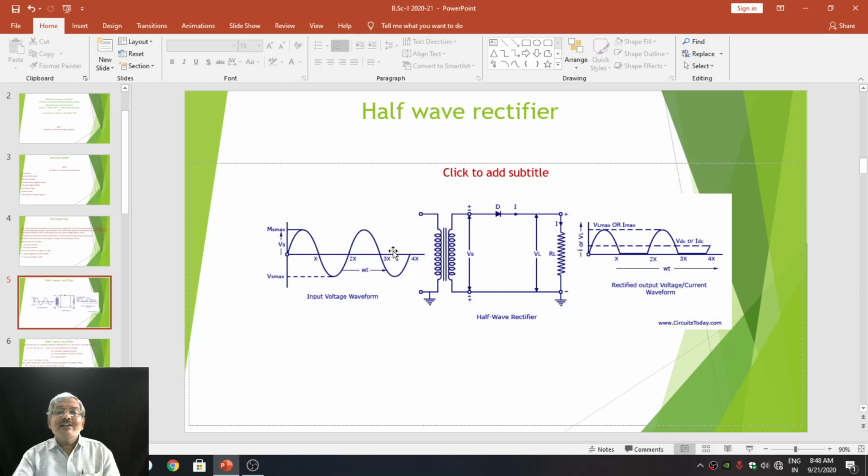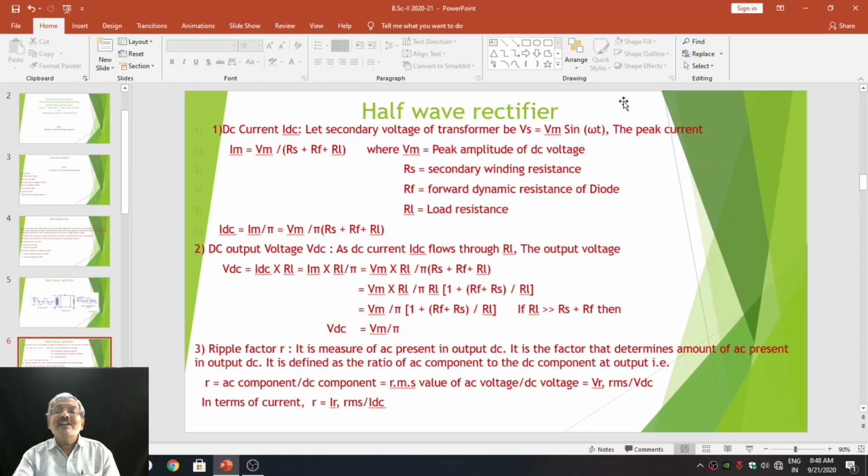This entire voltage is developed across the secondary winding, so we call it Vs. It is in the form of a sine wave, which is why it is denoted by Vm sine of omega t, because this signal changes as the sine function changes. So this is represented by the secondary voltage Vs equal to Vm sine of omega t.